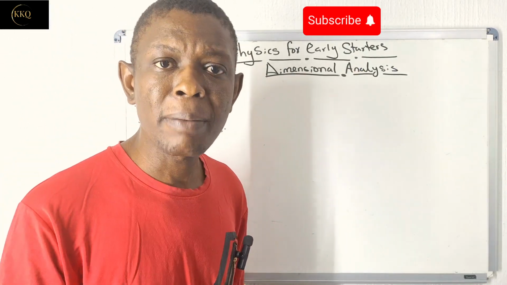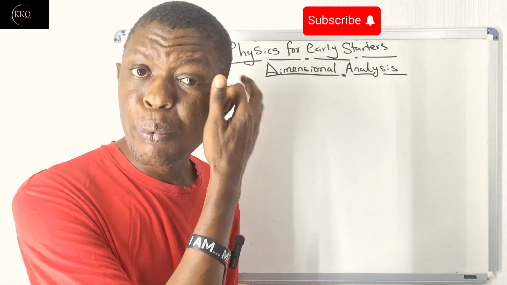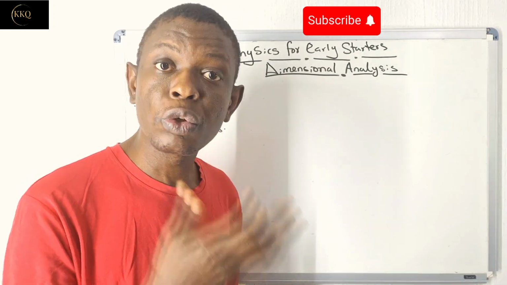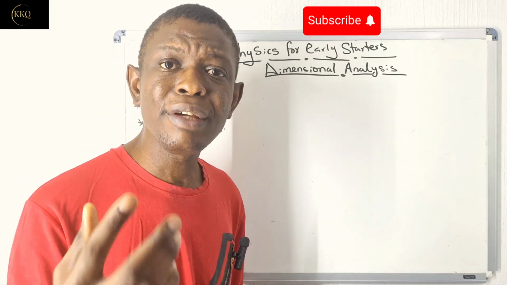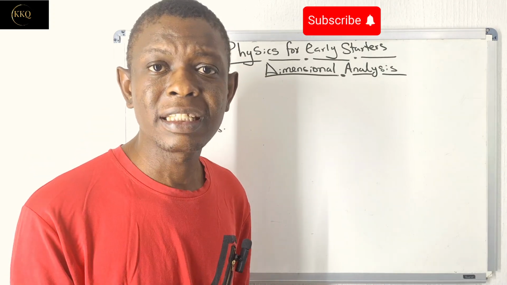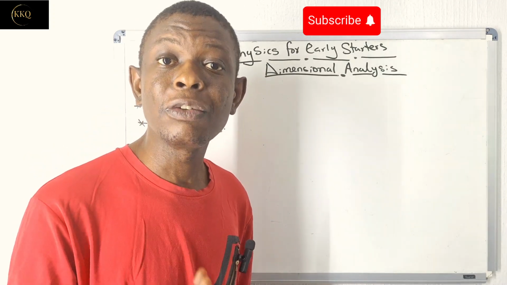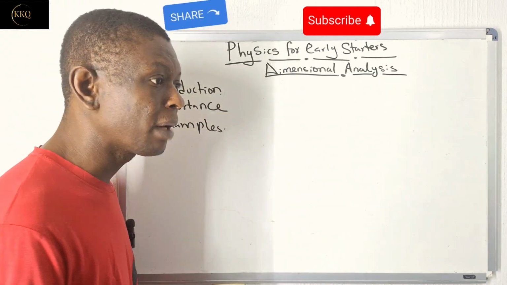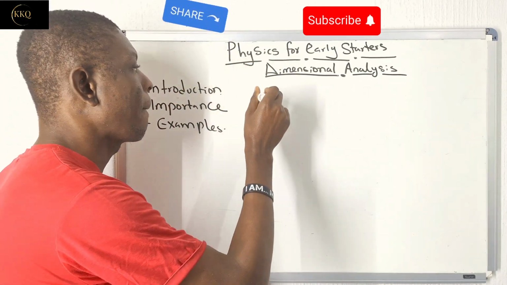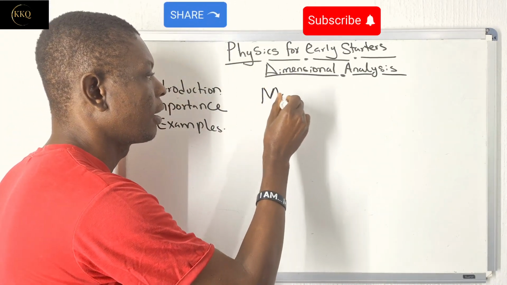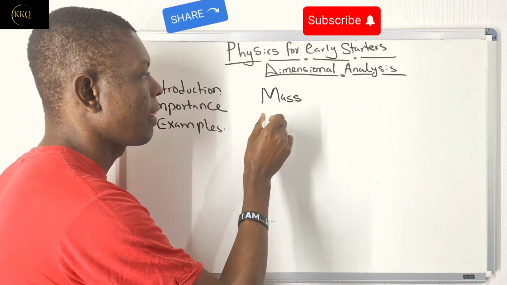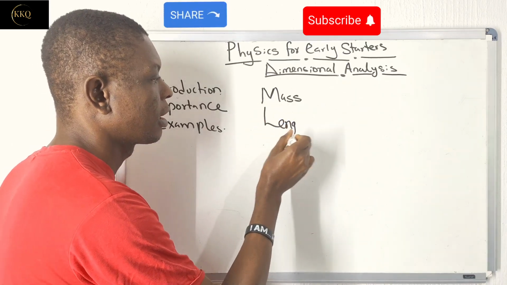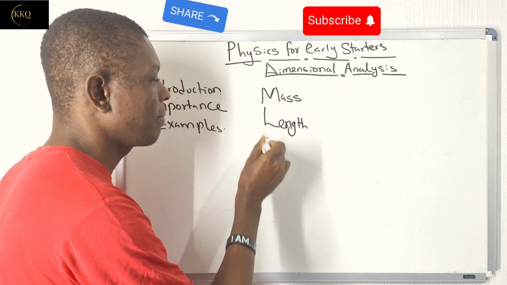So in working out dimensional analysis, first of all, we use some capital letters to represent the key fundamental quantities, that is, the physical quantities which are the fundamental ones. The key three fundamental quantities we have are mass, length, and time.